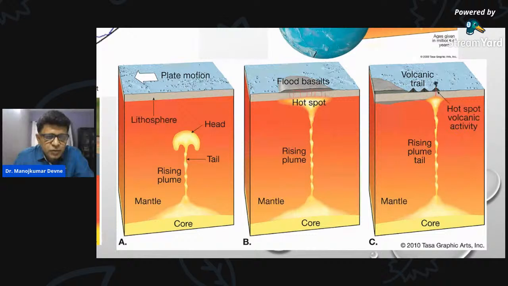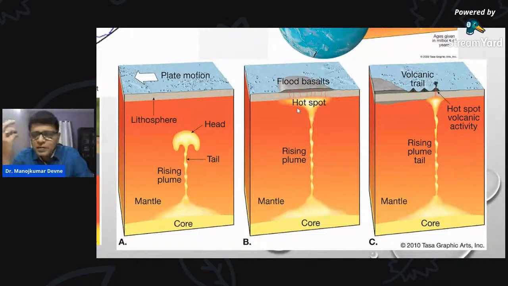You'll see there, the first one is the rising plume. That's called the head of the plume. And when it reaches the base of the mantle, where the asthenosphere is, it forms a hotspot. Now, a hotspot is going to have millions and billions of tons of magma, and it is always waiting to come up.